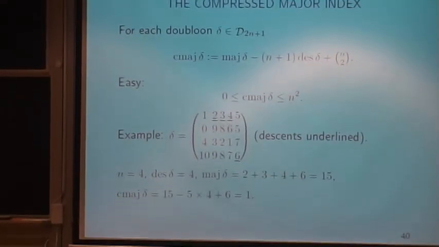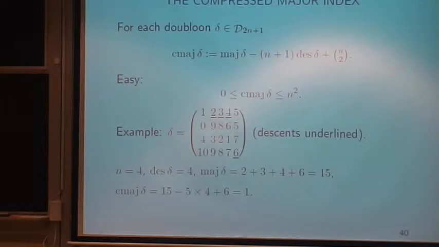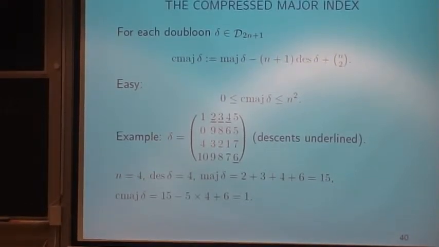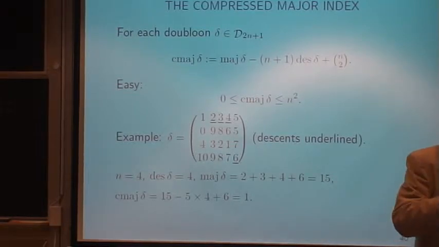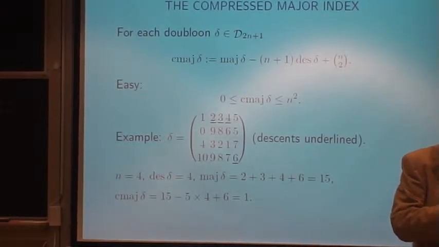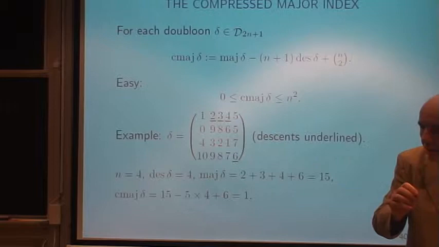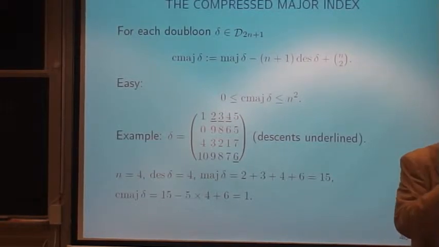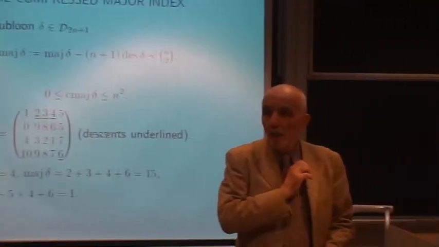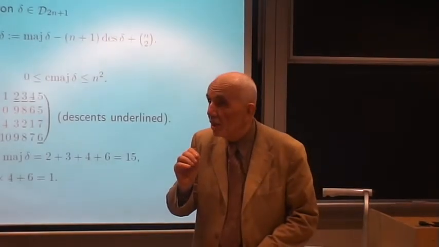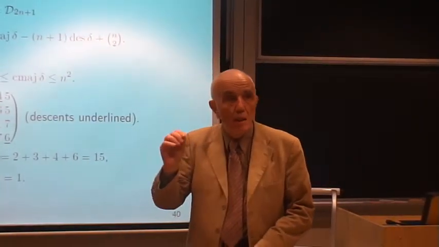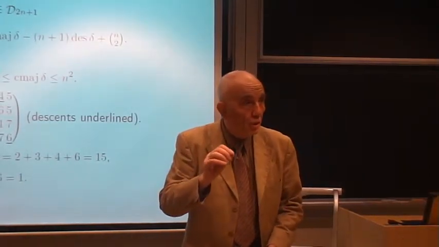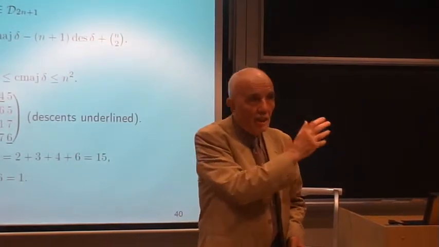So that's an example. Maybe with this example, it's enough to understand the whole stuff. So let's repeat. We locate the positions of the descents, we number the descents, we add up the positions of the descents, and with the compressed major index, which is the major minus n plus 1 times the number of descents, plus n choose 2.